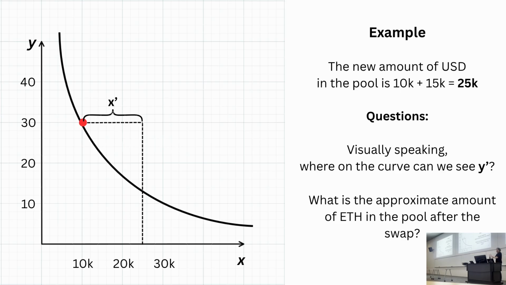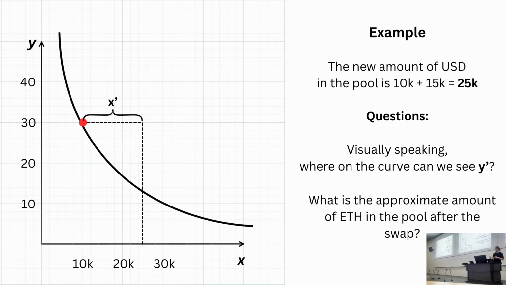So the new amount of USD in the pool is going to be 25,000. You might think of it visually this way: X prime is going to increase, so your new X is going to be sort of right there, to the right on the x-axis.